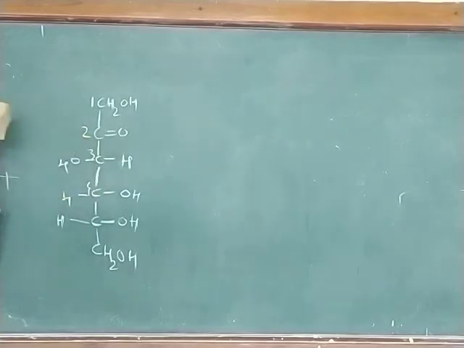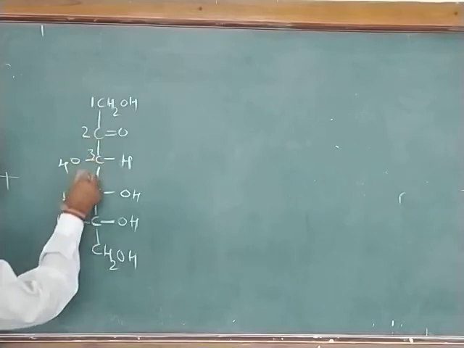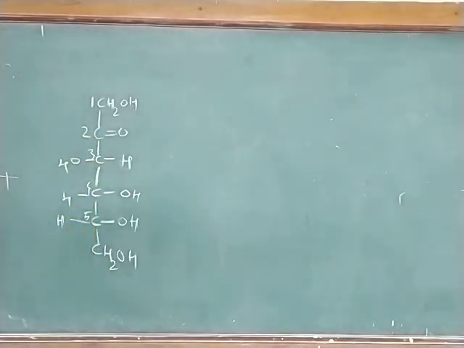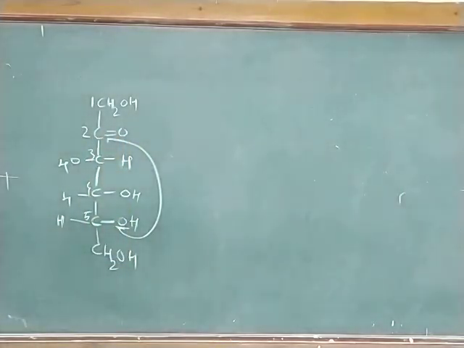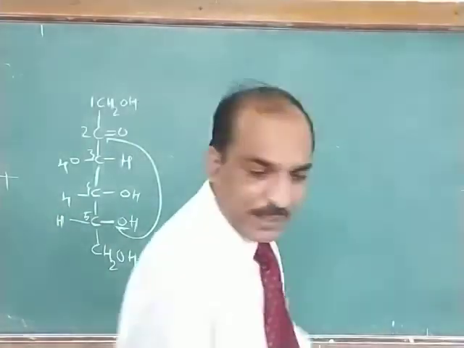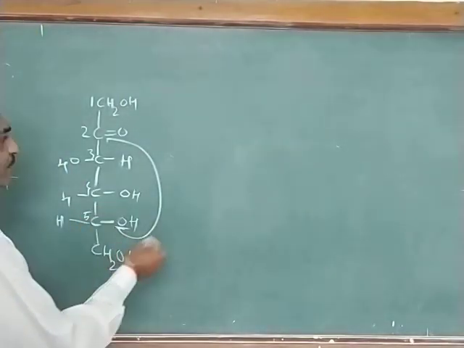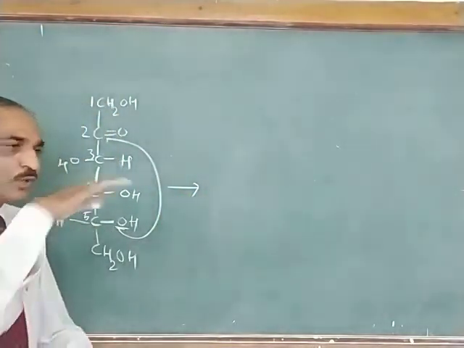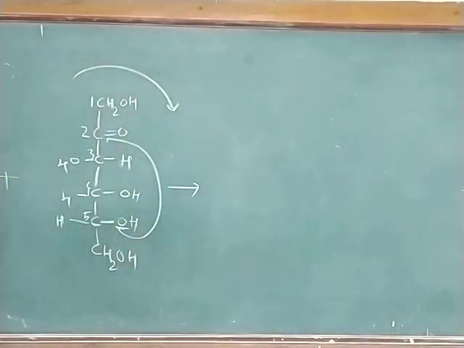Now, you have the ketone, and the hydroxy group present on carbon number 5, 1, 2, 3, 4, 5, will attack this carbon. Again, there is a chance to get 2 anomers over here. One is the alpha, another is the beta. So, just rotate this structure clockwise and make it a horizontal structure.